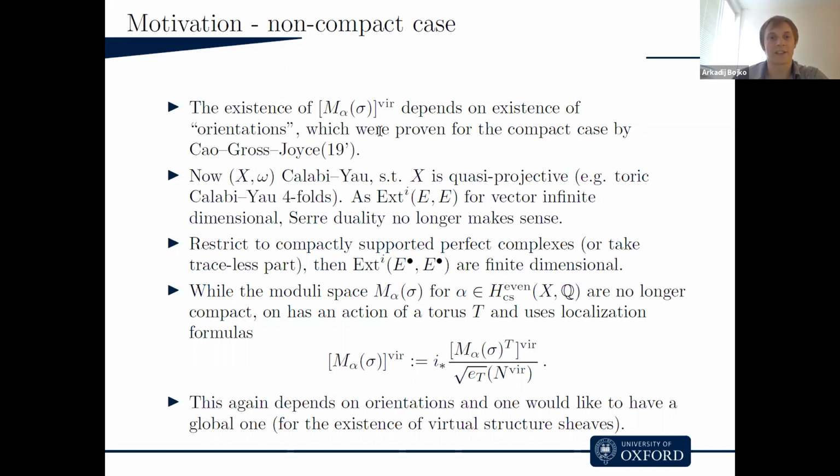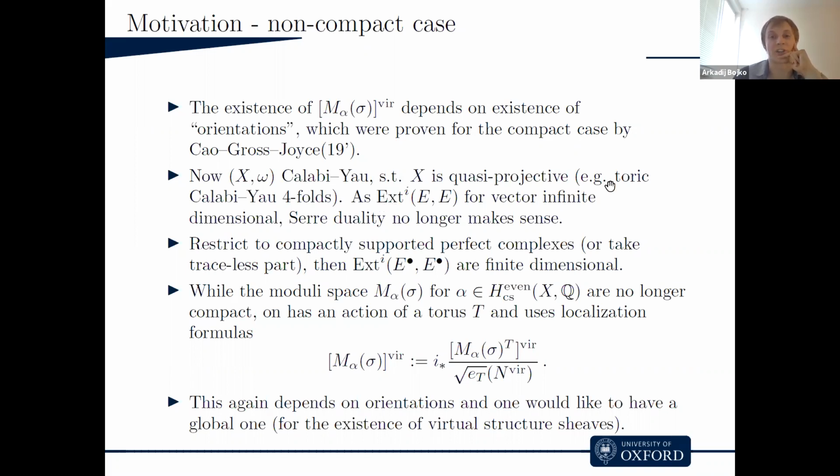The existence in the setting that I talked about thus far, which was the projective setting, so compact, was proven by Gross-Joyce last year. What I want to be talking about is really a generalization of this, where I take X to be a quasi-projective Calabi-Yau fourfold, meaning that I have the same setting as before, and I just relax the condition of compactness.